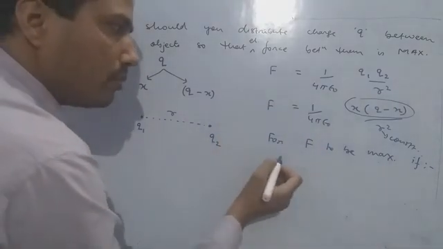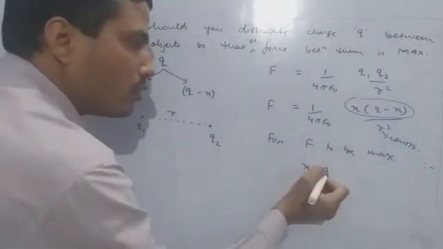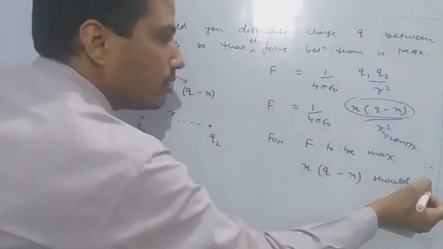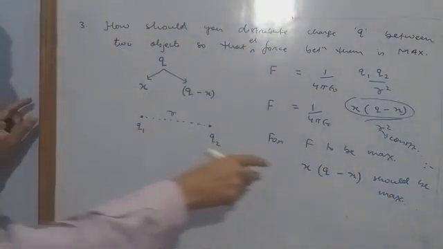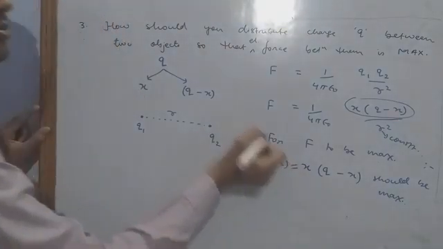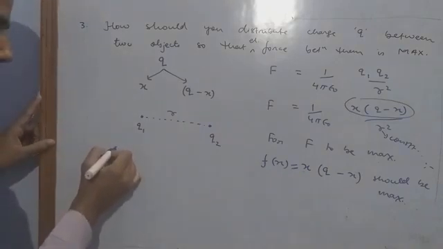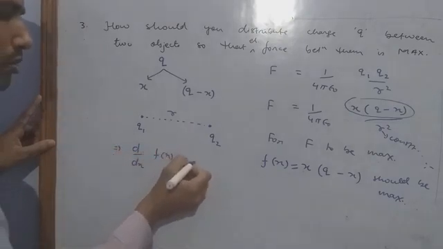So for F to be maximum, the function x times q minus x should be maximum. I'll choose this function as f of x. Now if f of x is to be maximized, then its derivative d by dx of f of x must be equal to 0.